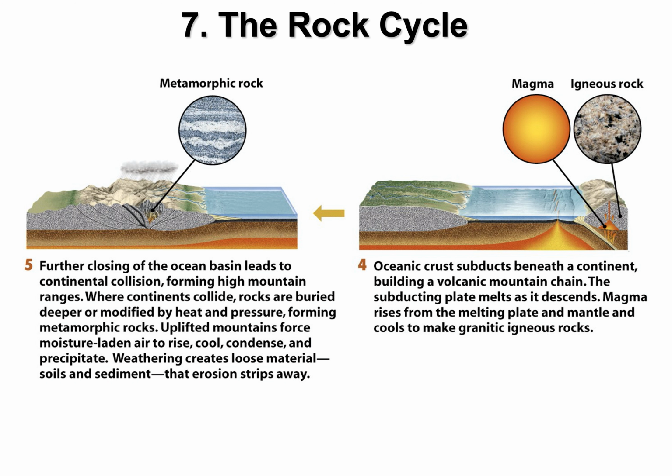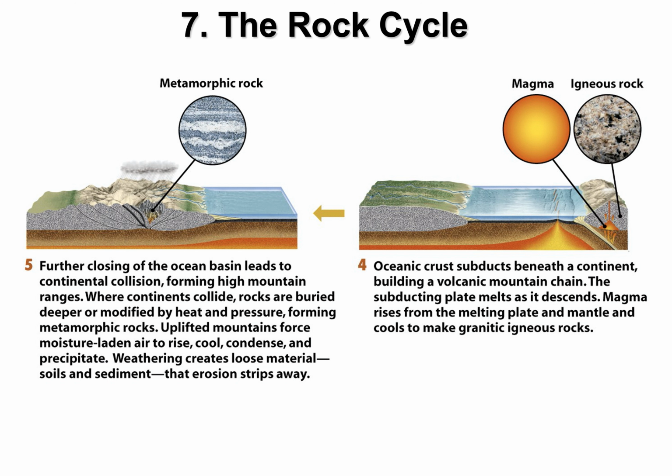When we are closing the oceanic basin, we have the continental collision, which will result in the formation of high mountain ranges. These are at places where continents collide and rocks are buried deeper or modified by heat and pressure.